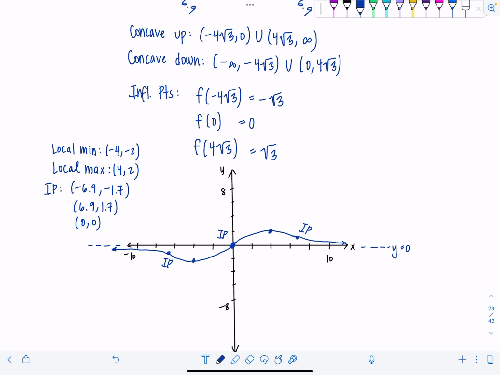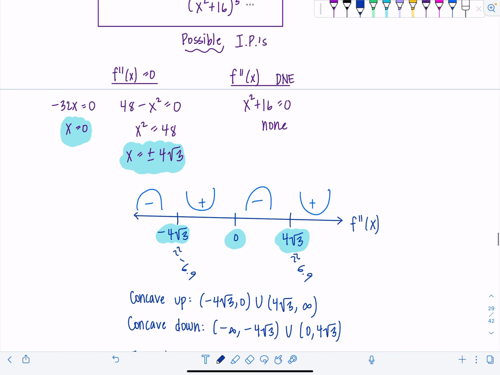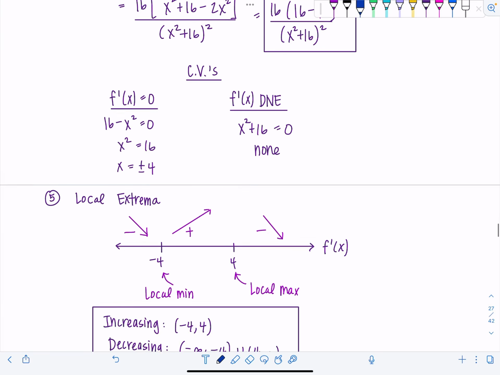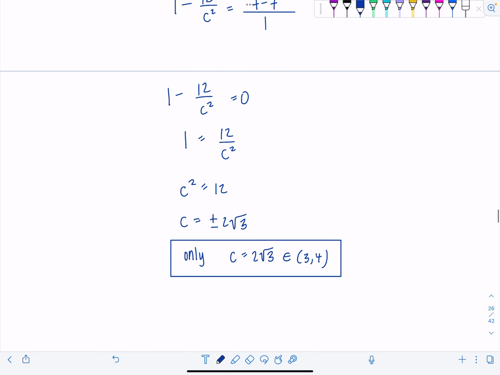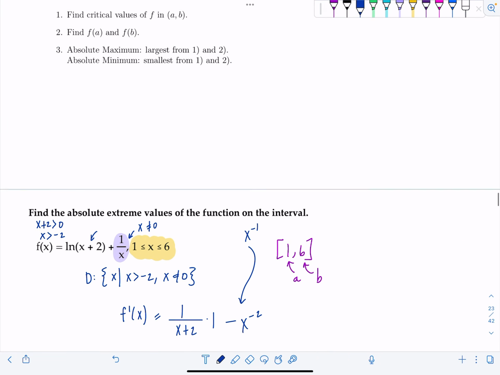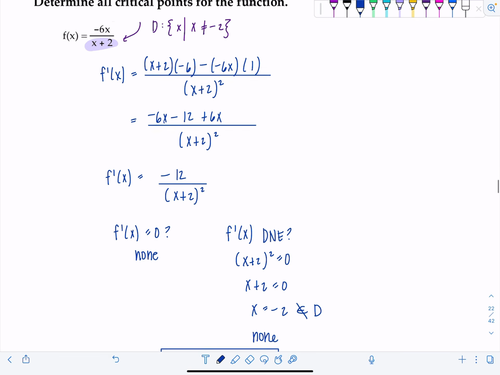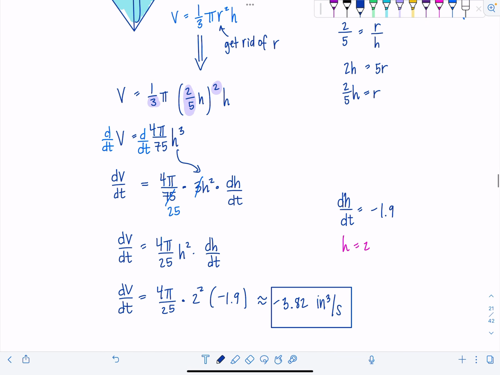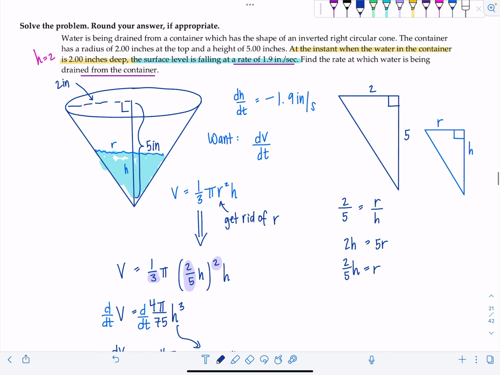I did think of something I wanted to say earlier and I didn't, so I'm just going to say it now. If you've stuck around since that timestamp, when we did the related rates word problem, I am going to scroll up. And it asked at what rate the water was being poured out. Drained. This has been bothering me. Drained already implies that it's being taken out. It's negative.